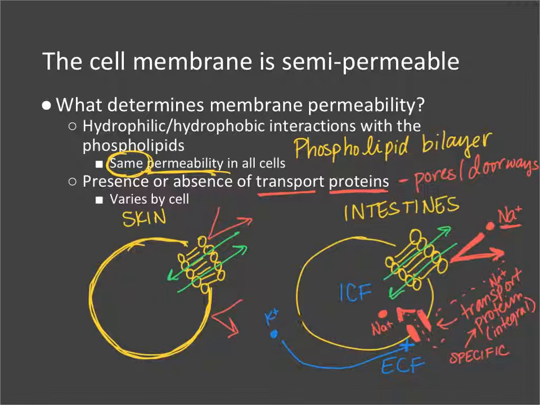Instead, potassium has to have its own transport protein specific to it. And as long as it has its own specific transport protein, it can then cross the cell membrane. But once again, it has to do with the specificity in that potassium needs its own transport protein, whereas sodium needs its own specific transport protein as well.